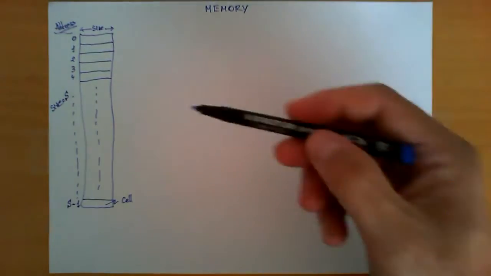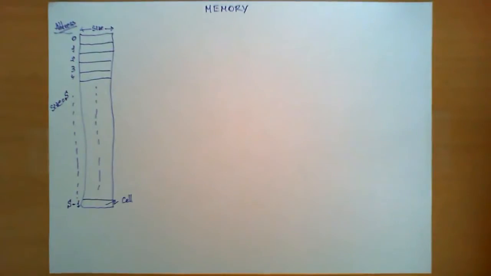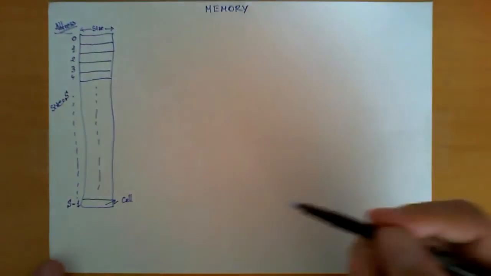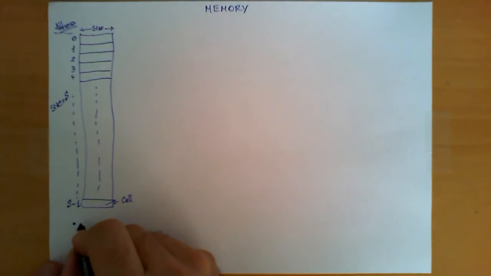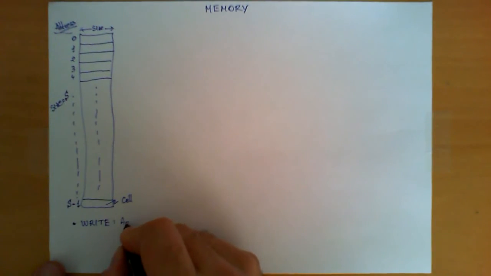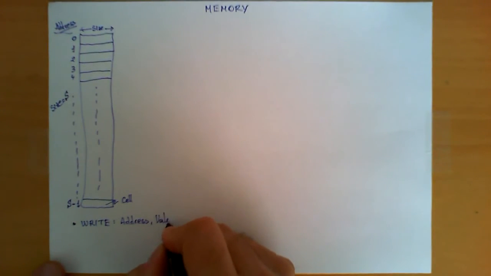Okay, now that we have this table, this is how memory works in a computer system. Let's talk about the two operations that can be done with this table. The first one is a write operation. A write operation receives two things: an address and a value.